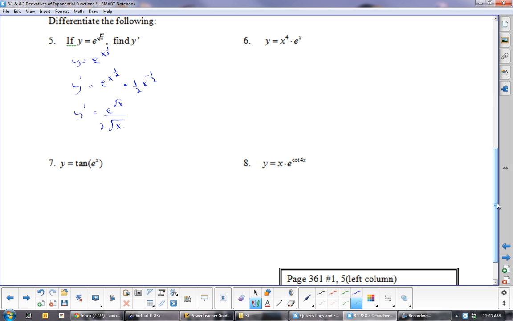Okay, so always do the derivative of e to the exponent, write that one more time, times the derivative of just the exponent. And then you want to clean everything up.